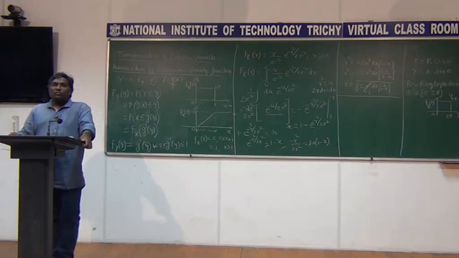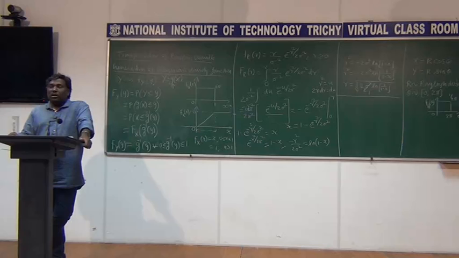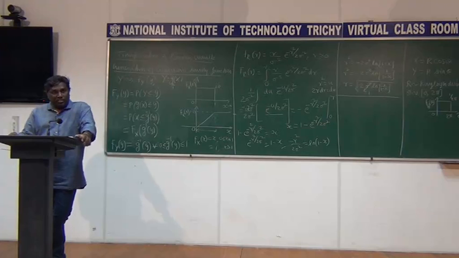We used it, and finally we got a relationship, FR of R. In that case we got this Rayleigh relationship with the assumption that X and Y are Gaussian distributed with mean 0, variance sigma square.